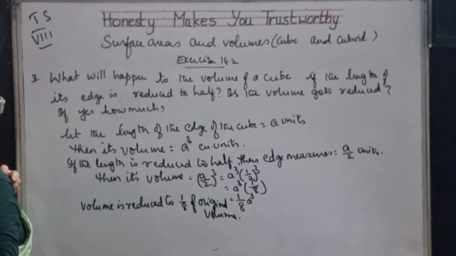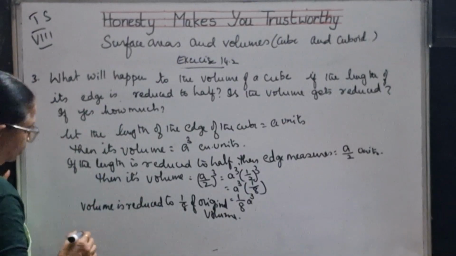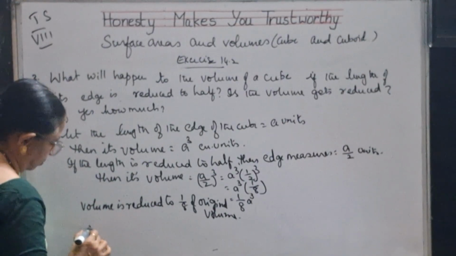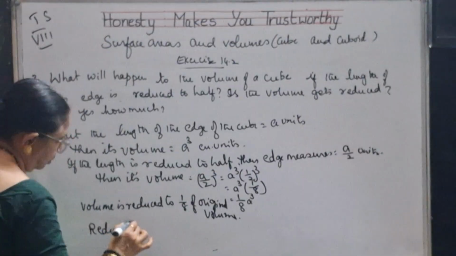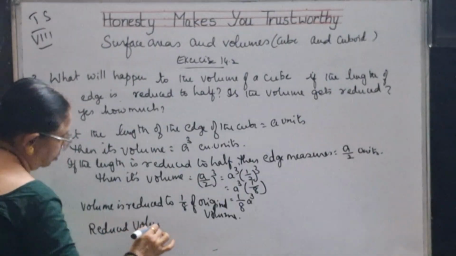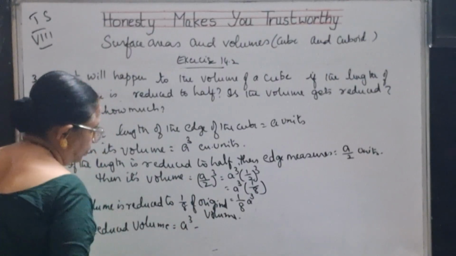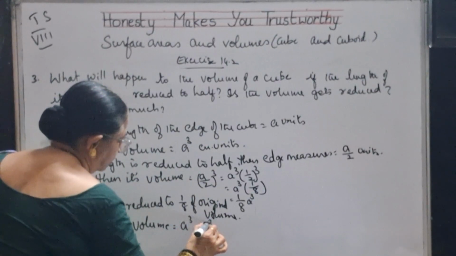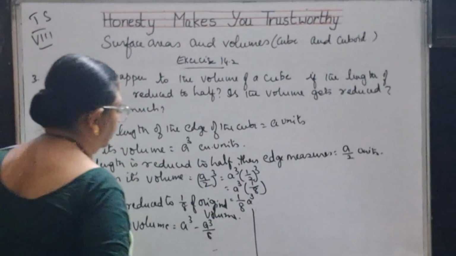Now the next question is, by how much is it reduced? The reduced volume will be its original volume minus A cube by 8. That means how much are you getting, children?